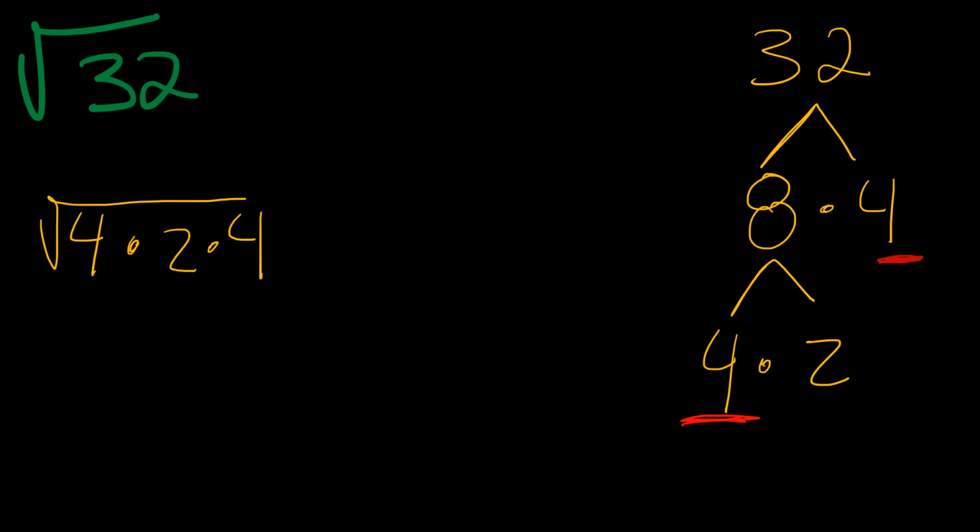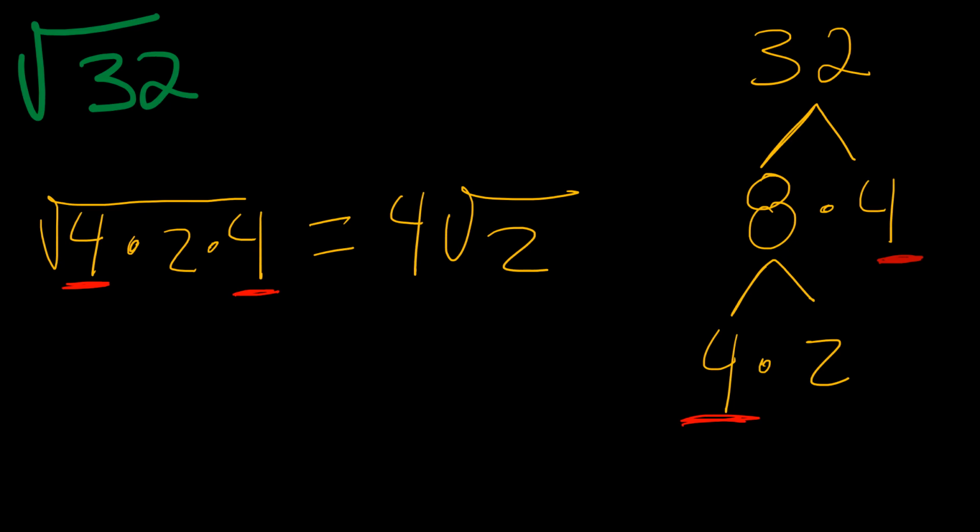And because 4 is a perfect square, and we have two 4s, we can simplify this as 4 root 2, right? And that's because when you pull out this 4, it becomes a 2, right?